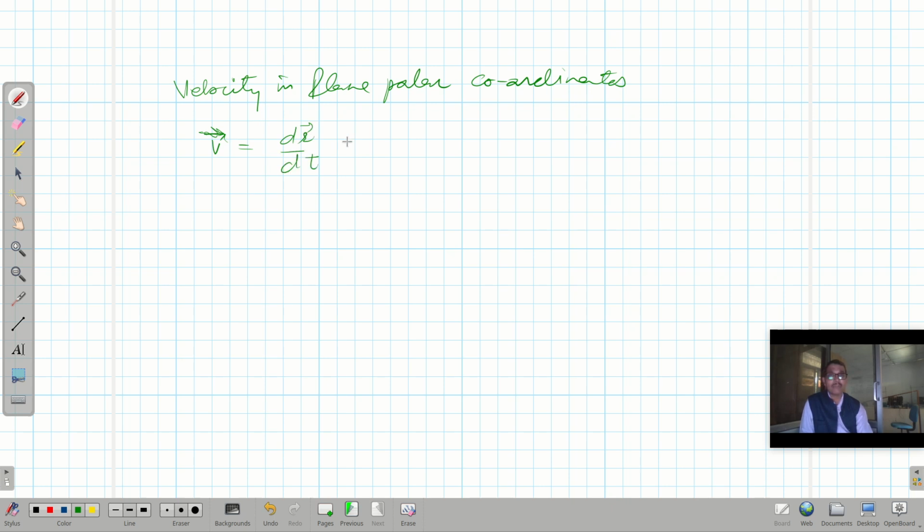And what is r vector? R vector means it is r multiplied by its unit vector.